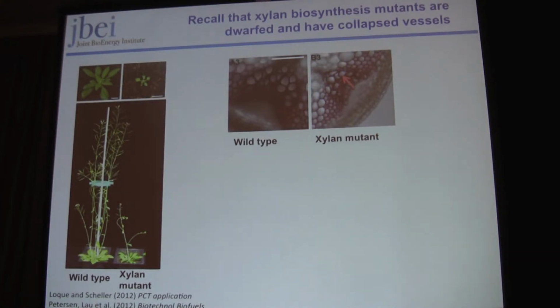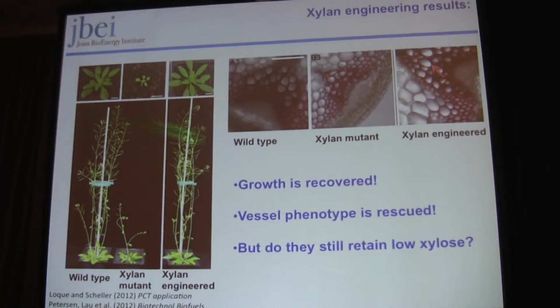Recall that in the xylan biosynthesis mutant, the growth is greatly inhibited, and you have irregular and smaller vessel cells. But in our engineered lines, we were able to recover growth fully compared to the wild type, and also rescue the vessel phenotype. But the main point is we want to see if there's still low xylose in these engineered plants.